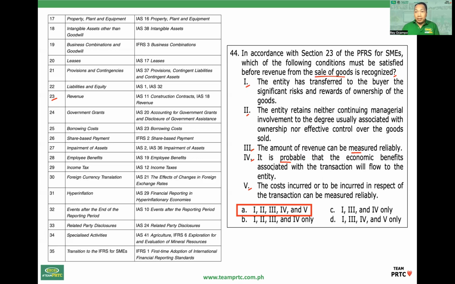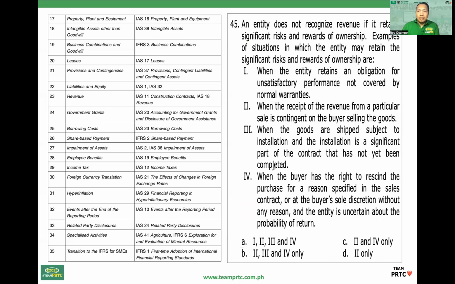Number 45. In relation to transfer of risks and rewards of ownership, an entity does not recognize revenue if it retains significant risks and rewards of ownership. Kasi kailangan nga buyer is the substantial owner, meaning i-transfer ng entity yung significant risks and rewards of ownership to the buyer. And if not, then revenue is not recognized.